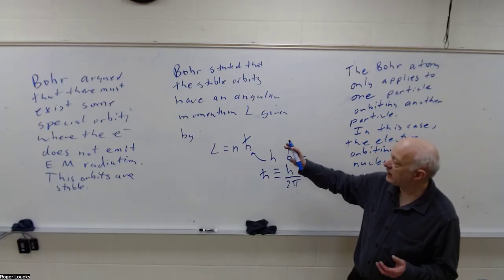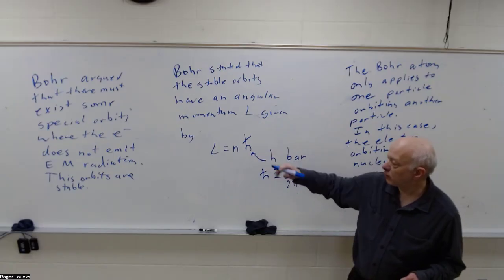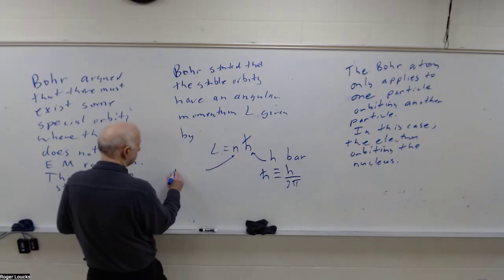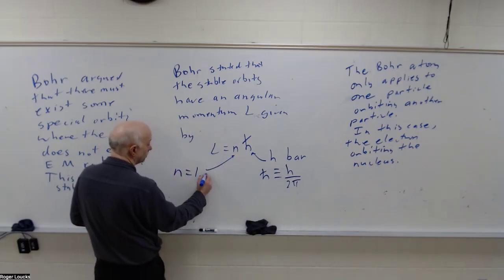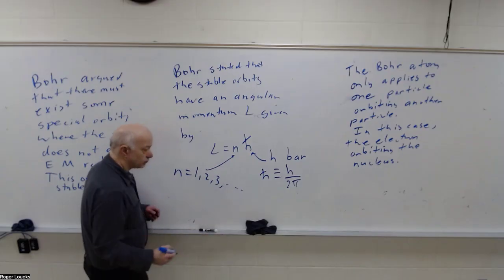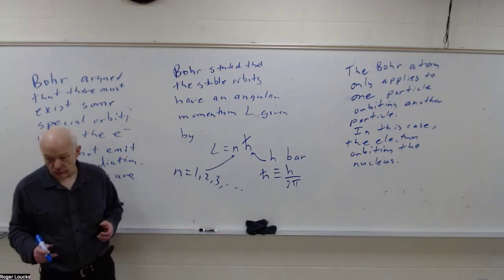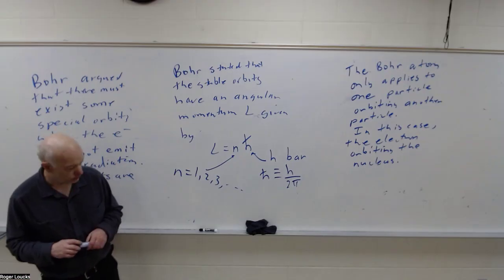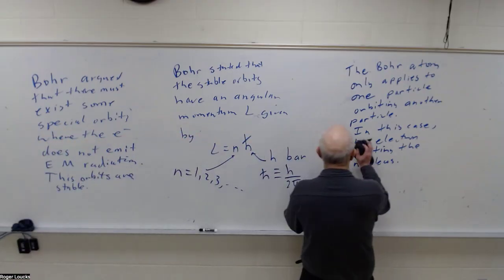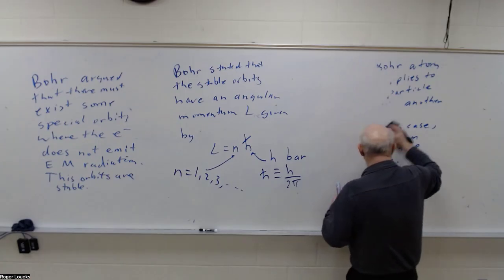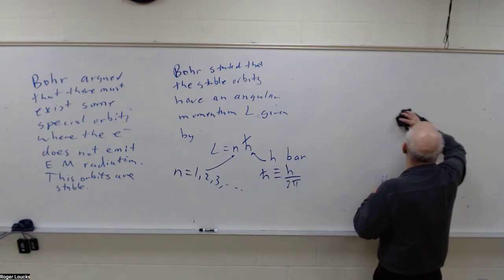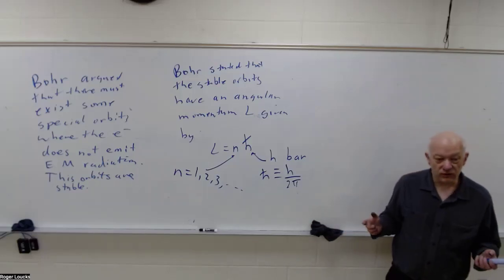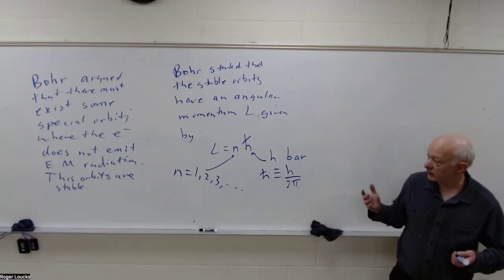So he stated that any electron that has an angular momentum given by n h bar, where n is a positive integer, 1, 2, 3, will have a stable orbit. Okay. Now, he just clapped his hands and made that assumption and it worked.